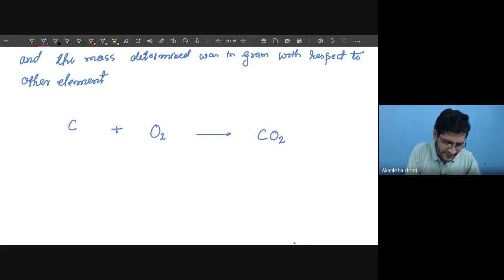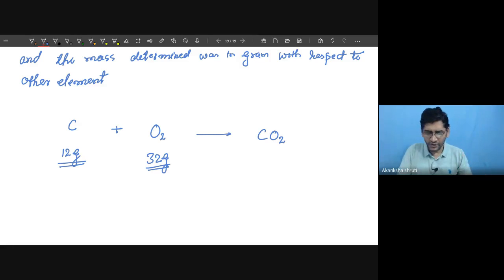It was observed that during the experiment, 12 gram of carbon was taken, then with this 12 gram of carbon, 32 gram of oxygen was used. This way it was observed that 12 gram of carbon needs 32 gram of oxygen.